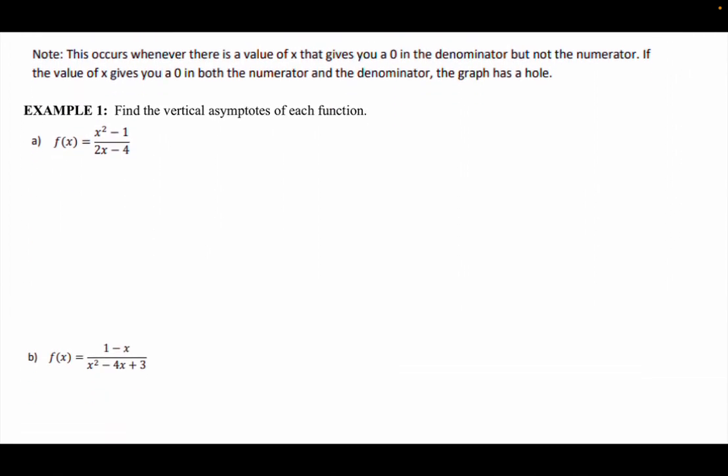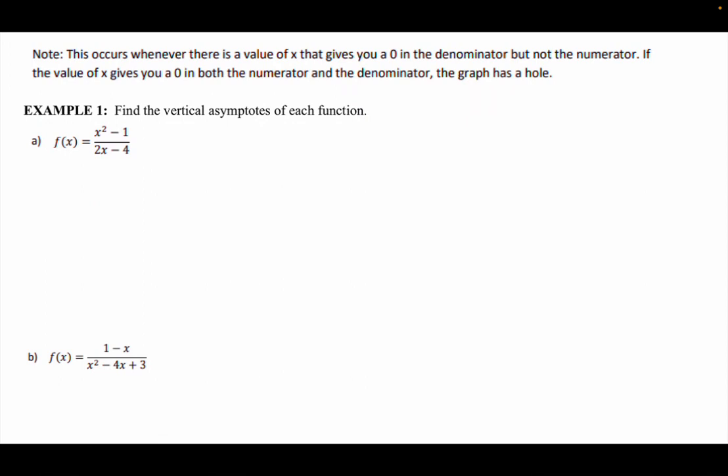Okay, so note, this occurs whenever there is a value of x that gives you 0 in the denominator. So that's the most popular one. How do I make something undefined? When 0's in the denominator. There's other ways to make undefined, but the most popular one is when 0's in the denominator. Okay? But not in the numerator. So something other than 0 on top.